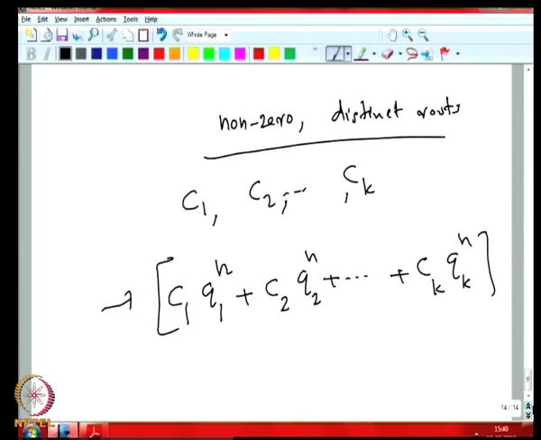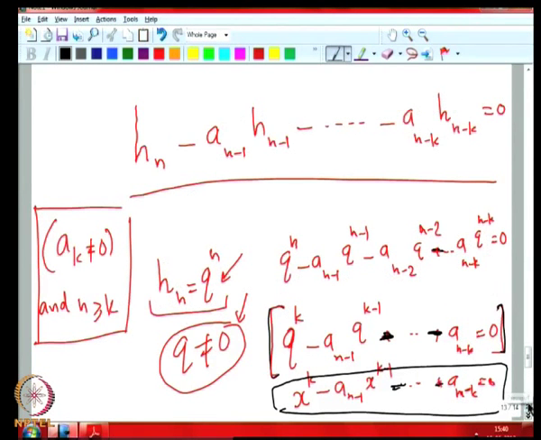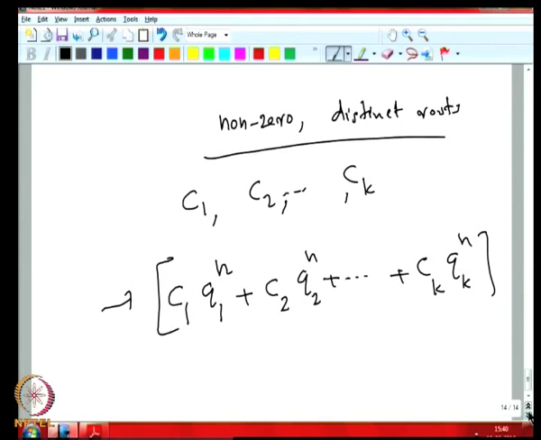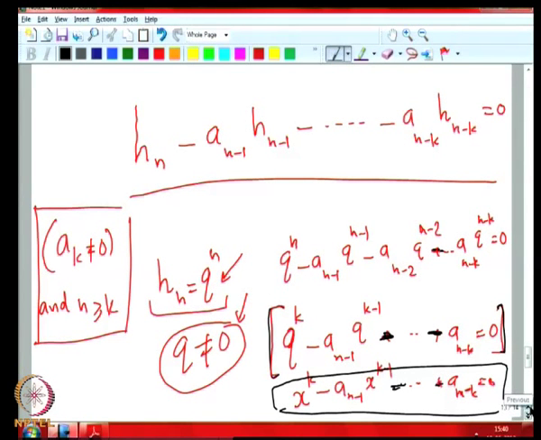And you should also note that when I say non-zero solutions, that is not very important, because for this characteristic equation, sorry, I made a mistake here.